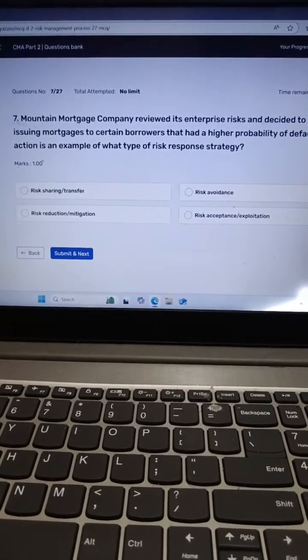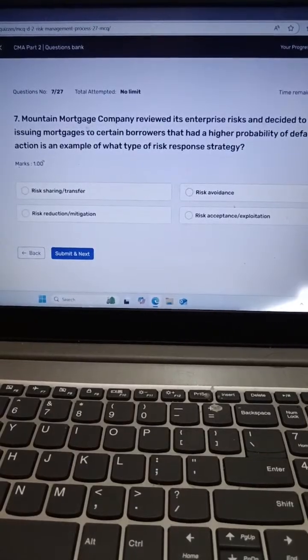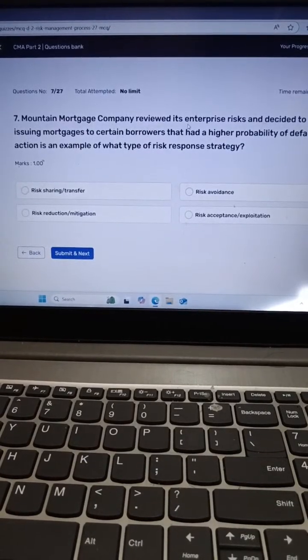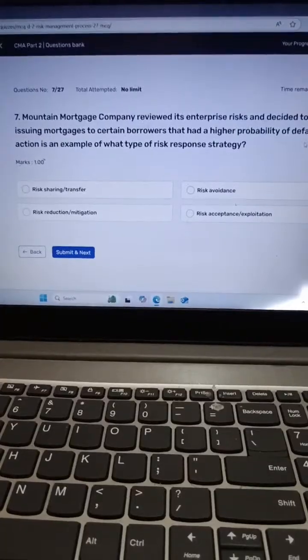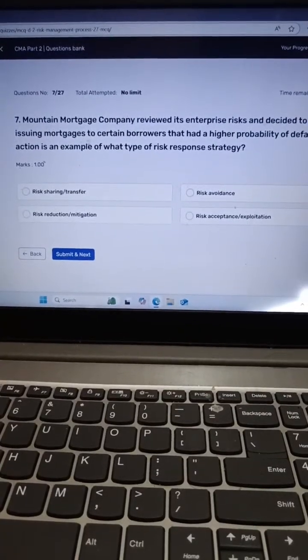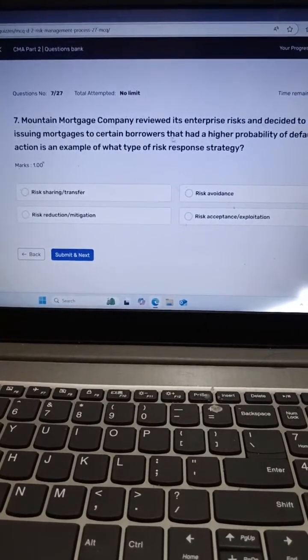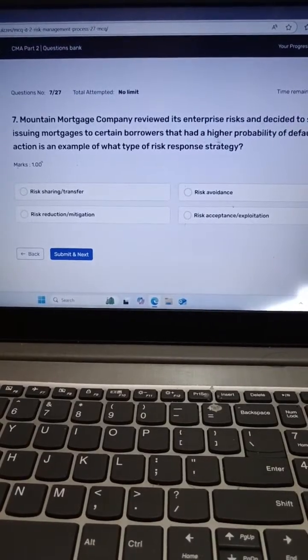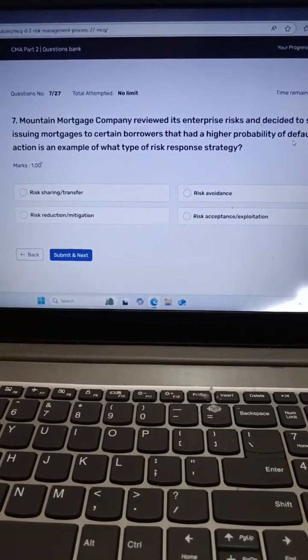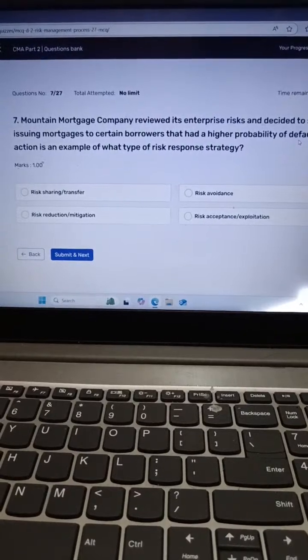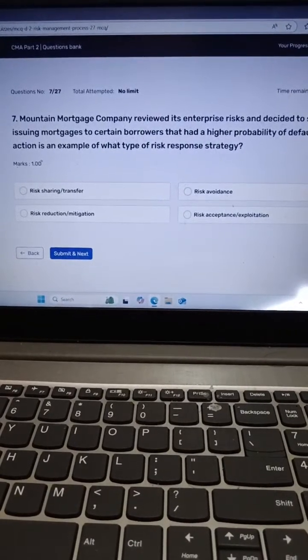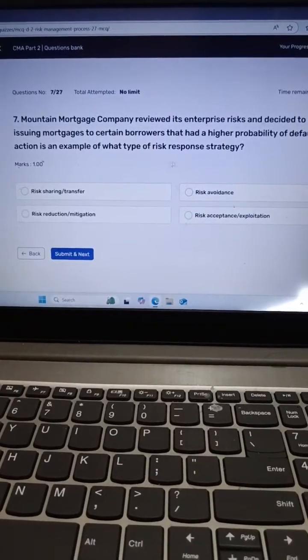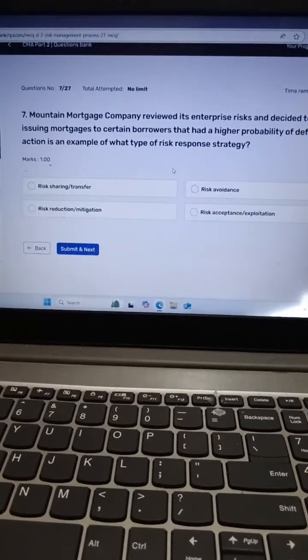Question number 7. Mountain Mortgage Company reviewed its enterprise risks and decided to stop issuing mortgages to certain borrowers that had a higher probability of default. It means completely stop. This action is an example of what type of risk response strategy? It means we have avoided.